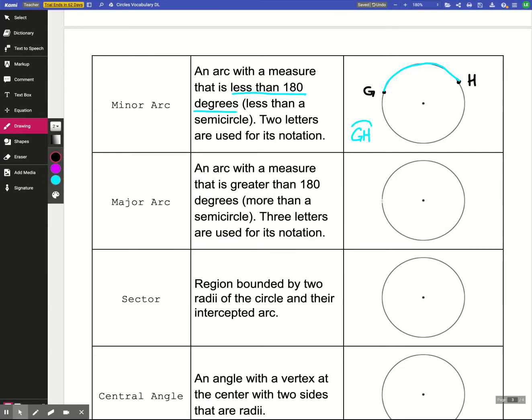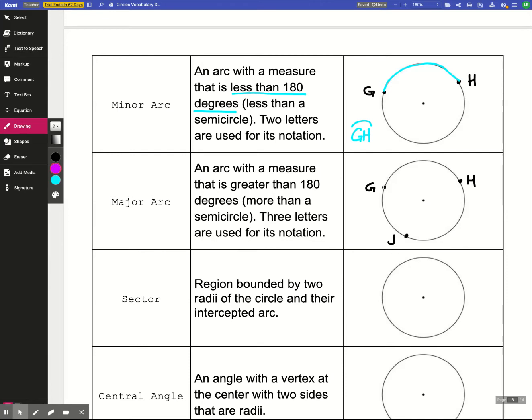Subsequently, a major arc. I'm going to try to draw these in basically the same spot. So G, H, and then I'm going to put a J down here. A major arc is an arc that measures more than 180 degrees.